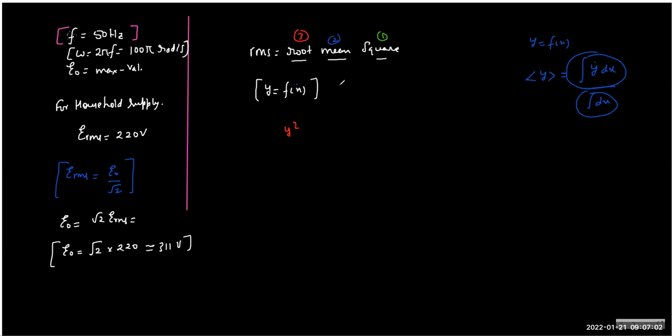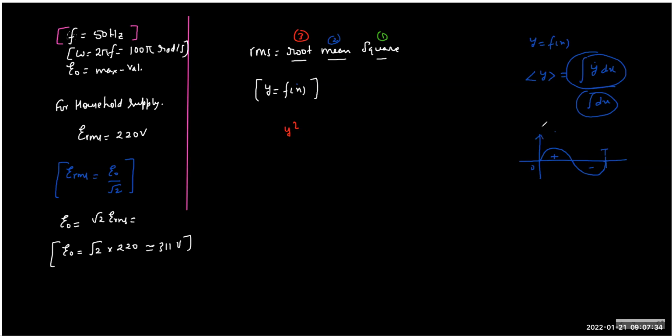Now the root mean square is slightly different. Why do we need to define the root mean square? Because if a quantity is positive and negative, the mean value will be 0 if it is symmetrical. If we have a function which is symmetrically positive and negative, so it is as much positive as it is negative, then the average value, if you calculate it for the interval of time t, always turns out to be 0.